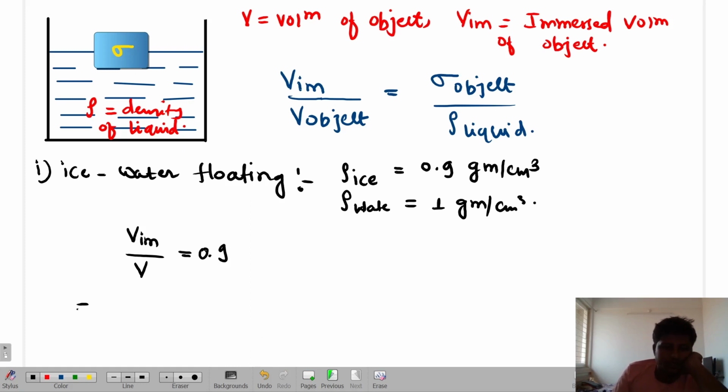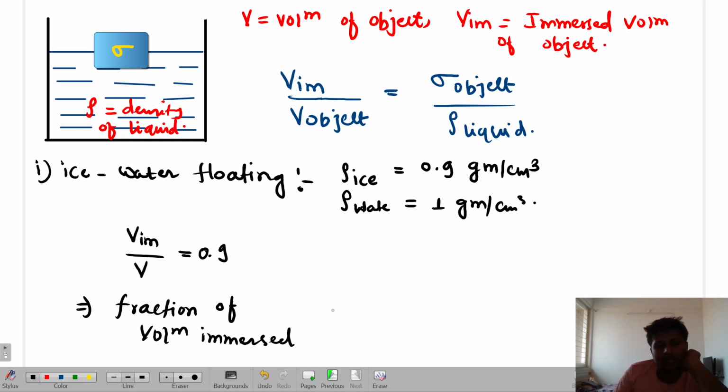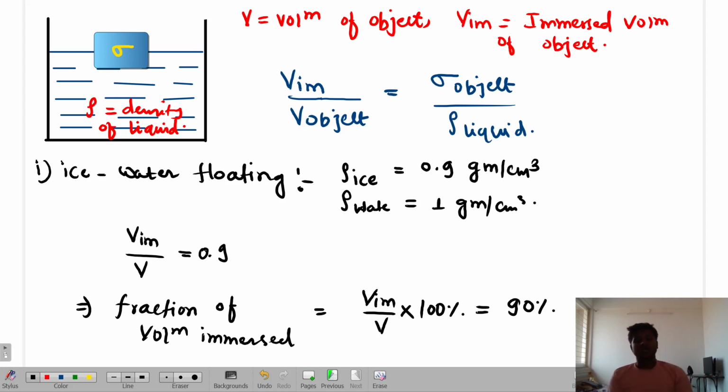To find what fraction of volume is immersed in percentage, it must be equal to volume immersed by volume into 100%. So if I put V_im by V as 0.9, I get 90%. That means if ice wants to float on water, then 90% of the volume of the ice must be inside the water, then only it will float on the surface.